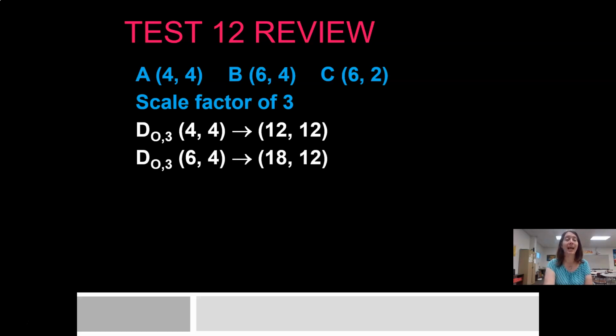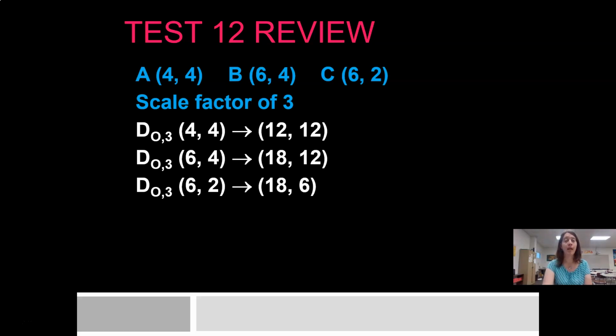The second one, the dilation centered at the origin with the scale factor 3 and our point was 6, 4. So 6 times 3 was 18 and 4 times 3 was 12. And the dilation centered at the origin with the scale factor 3, the last point was 6, 2, so 3 times 6 was 18, and 3 times 2 gave us 6. Again, the correct final answer would be those 3 ordered pairs off to the right-hand side that have the dilation applied to them.